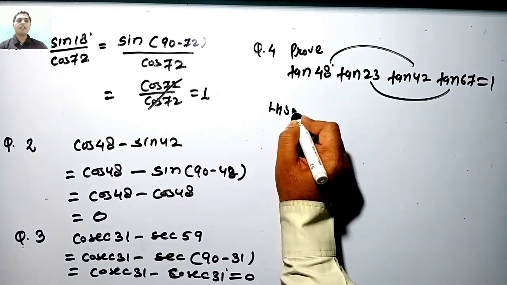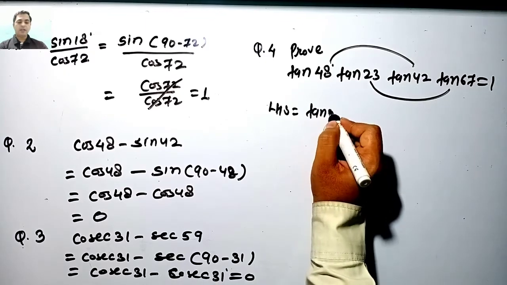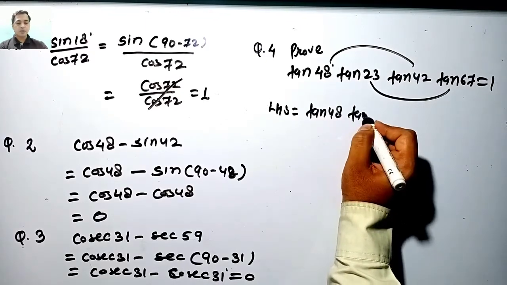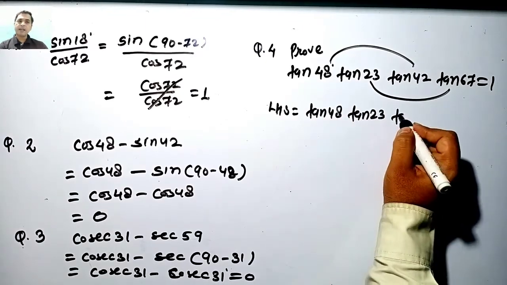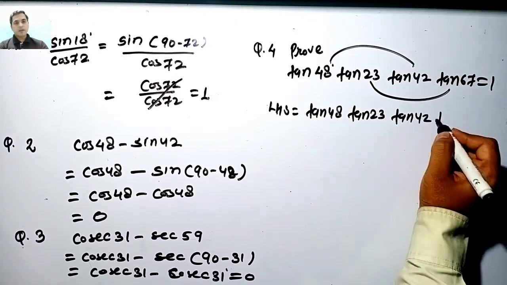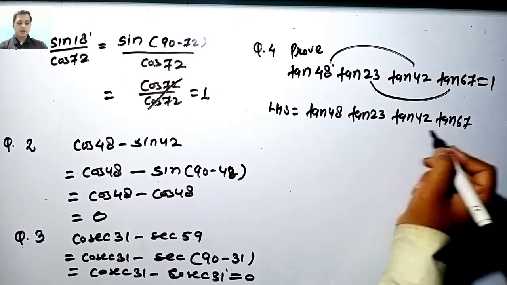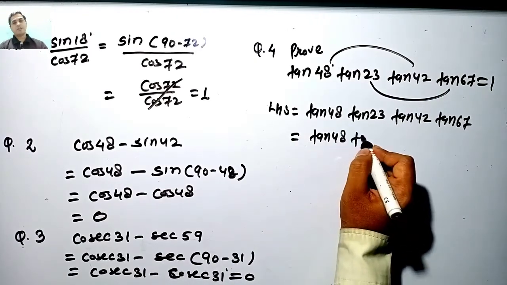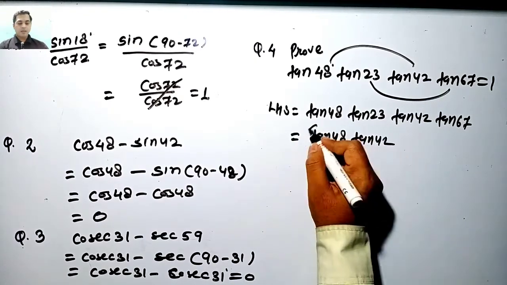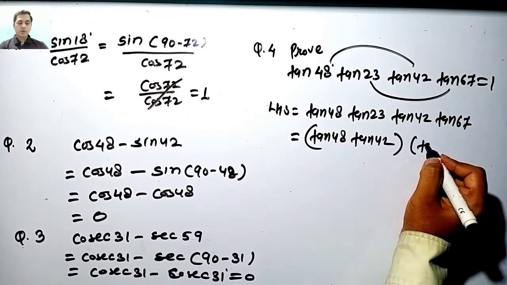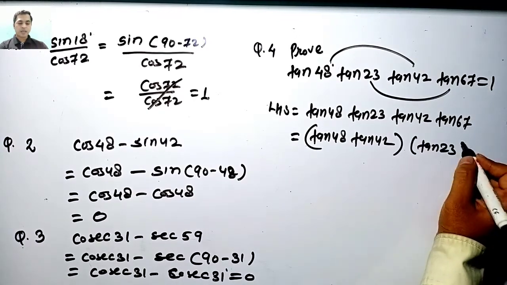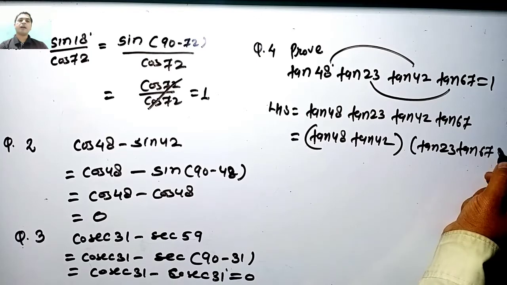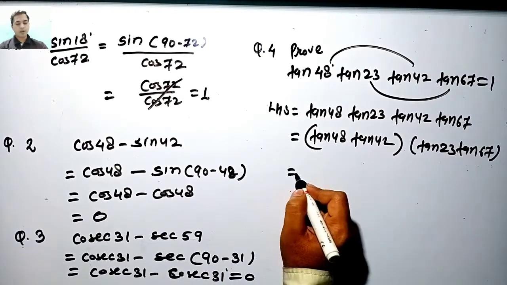So first of all, writing the LHS: tan 48 into tan 23 into tan 42 into tan 67. We are taking these terms together because these angles are complementary to each other.